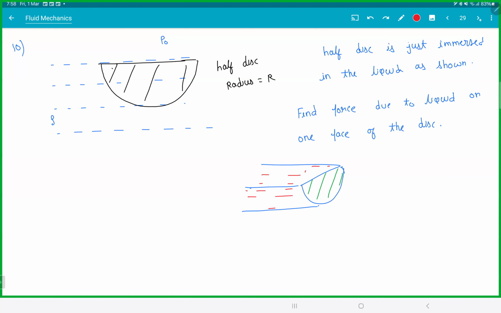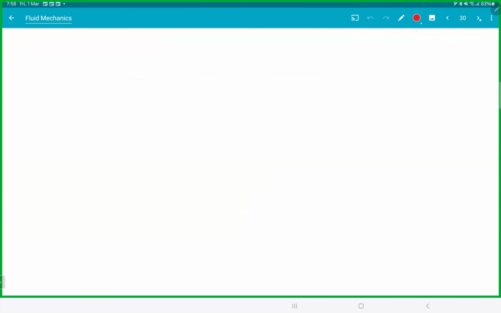How do we do this? Let me show you. There's no need to actually integrate the whole thing.